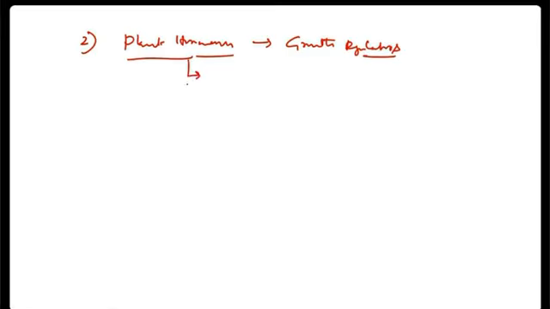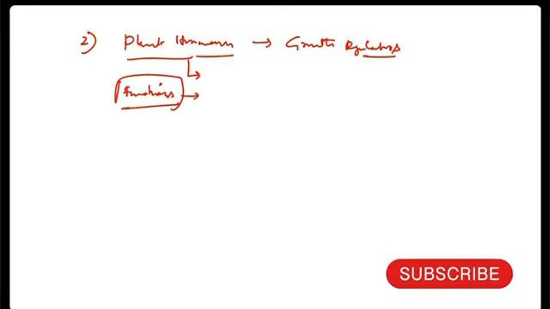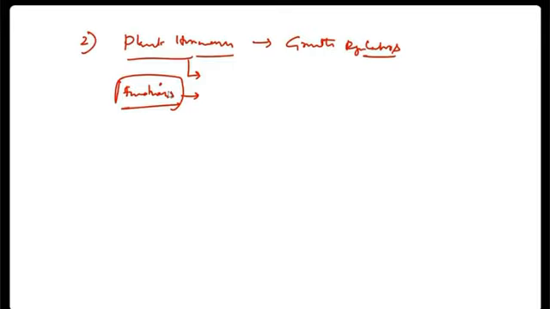Before just naming them, what are these plant growth hormones? What is the major function of these growth regulators or plant hormones? Yes, it's auxin, cytokinin, ABA, gibberellins, ethylene. Very good.